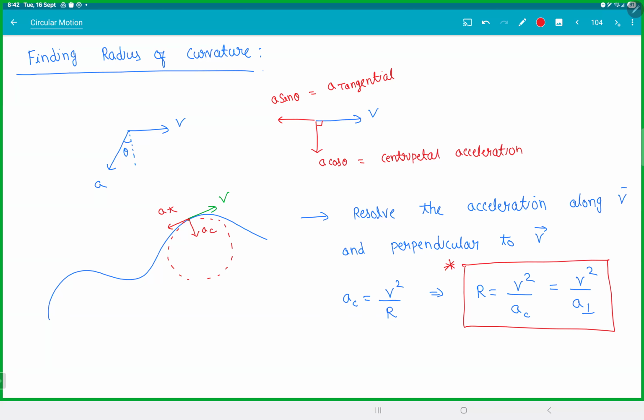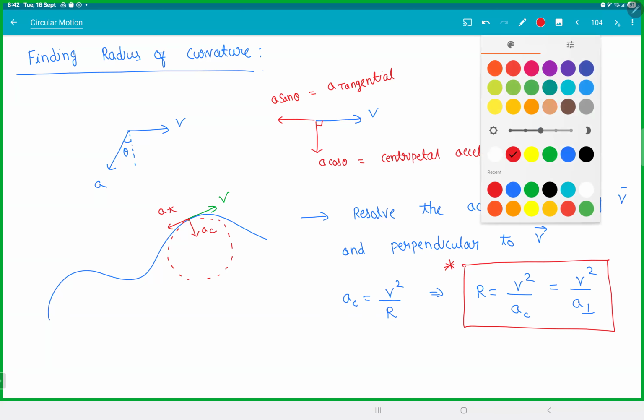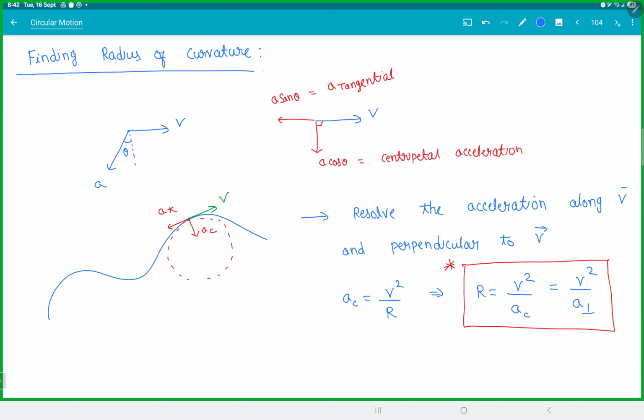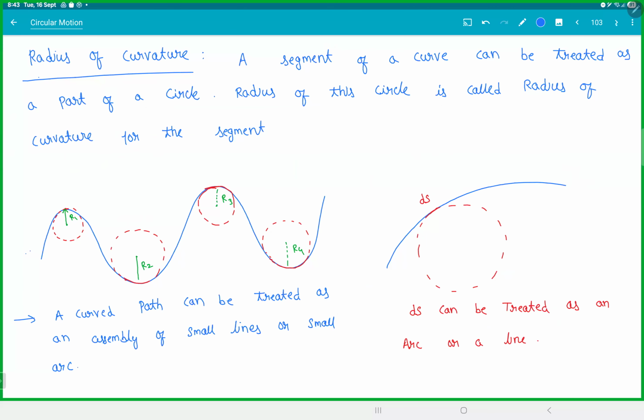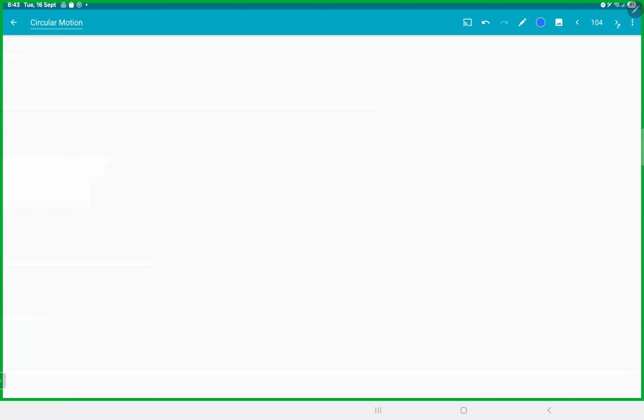Let's see a question based on this. Any doubts on this? Please ask me. So we have a particle projected with speed u at angle theta.